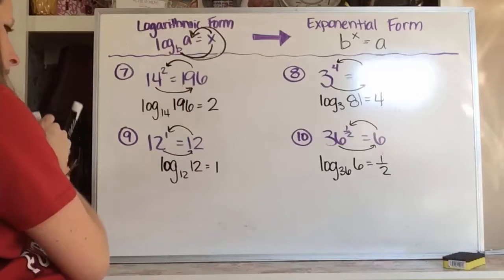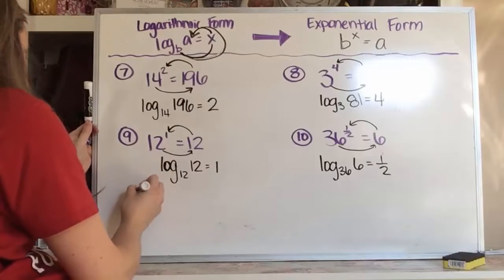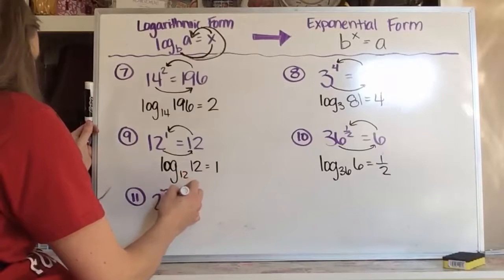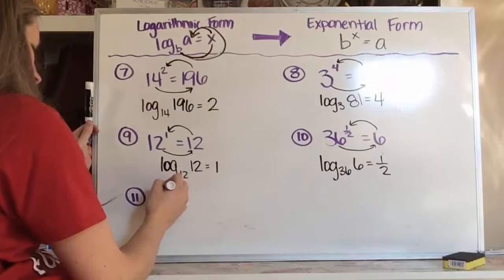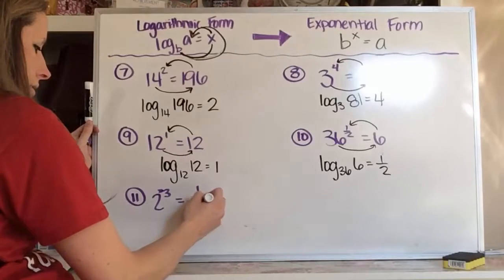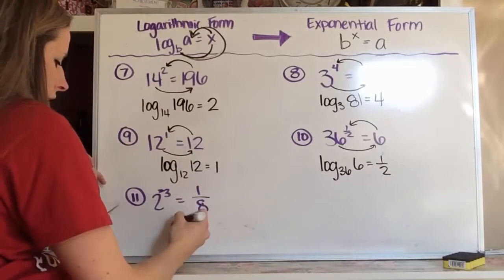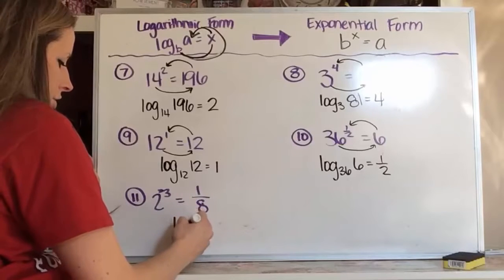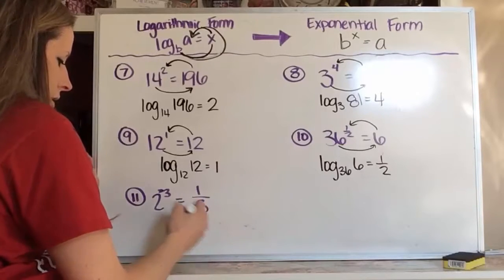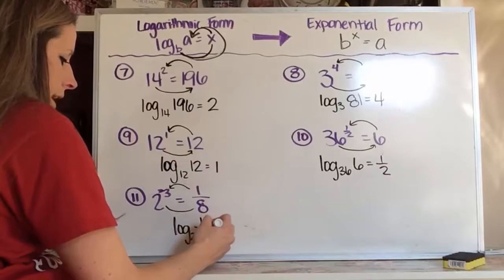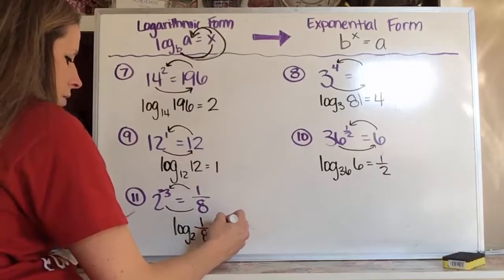Two more. Number 11, we have 2 to the negative 3rd power equals 1/8. I start with my base, so log base 2. Move counterclockwise, of 1/8 equals negative 3.